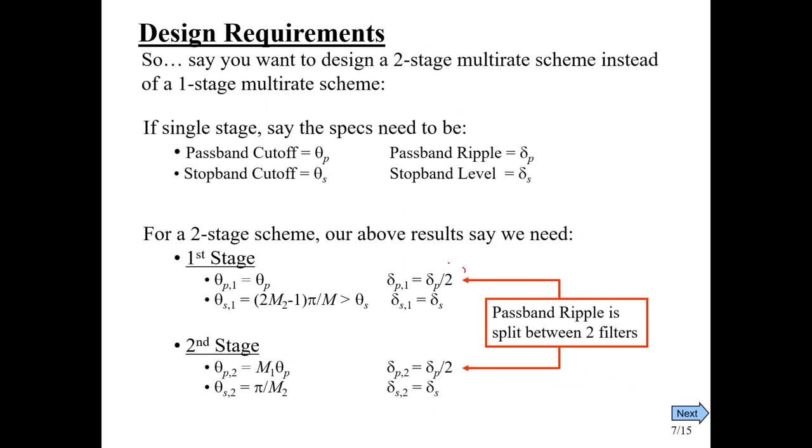So the passband is actually split between the two, so that as it accumulates between the two, we'll be sure that we will never exceed a ripple of our desired delta sub P. But each filter must have the desired or the target stop band attenuation.